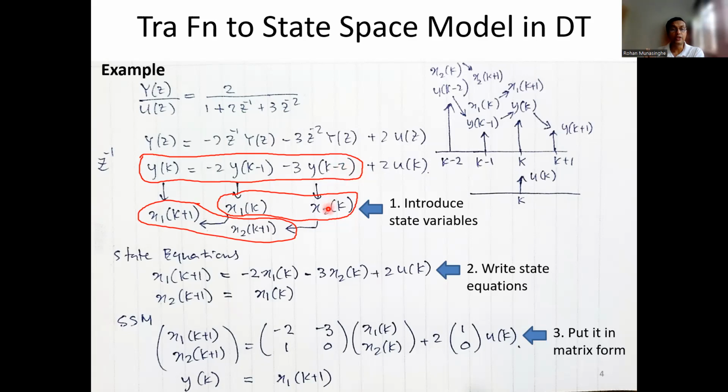Here it is 2, so x2, x1. And then right below that, just below x1, you write x2 k plus 1. And on the left hand side, it is x1 k plus 1. Okay. There's no need to assign x3 because this is a second order plant. You have only 2 time steps, k minus 1 and k minus 2.